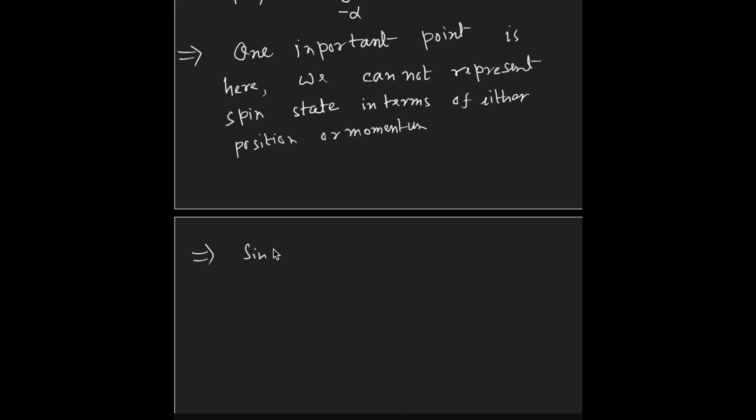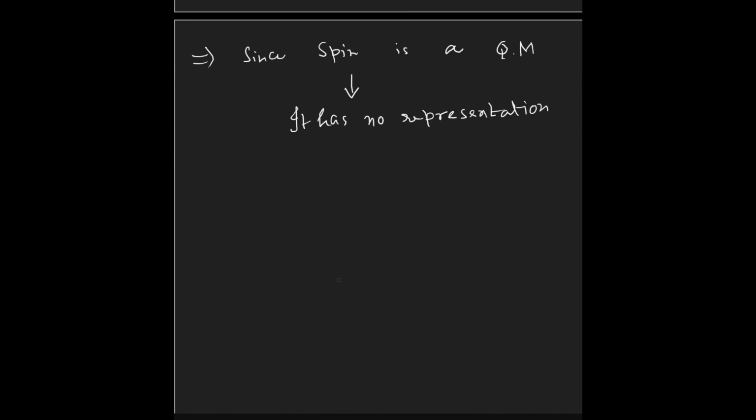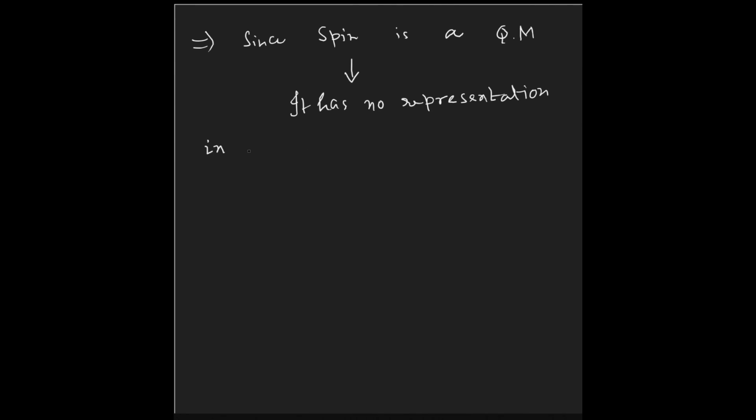Since spin is a quantum mechanical concept, it has no representation in position or momentum space.